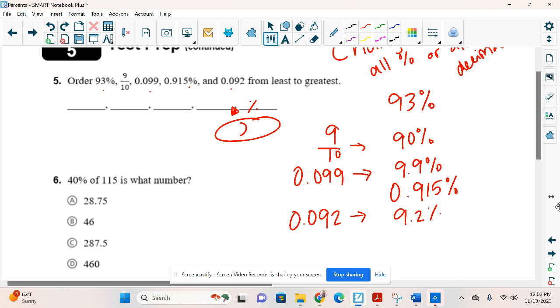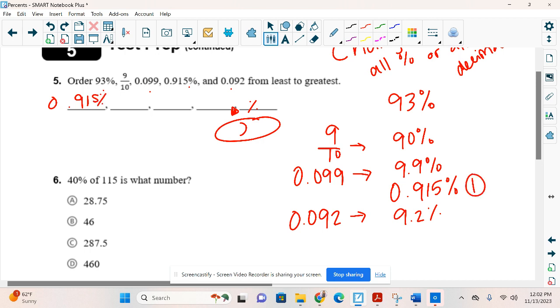So which one is the smallest? This one's not even one whole percent. 0.915? Yeah, you're right. It's 0.915%. So we're good. Got this one.